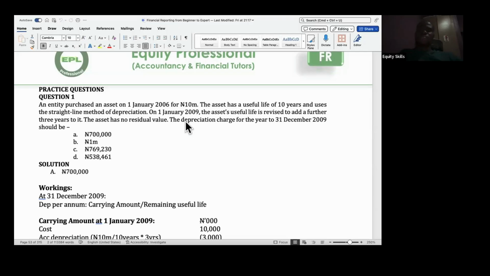But again, if there is a previous revaluation surplus on the same asset, then we're not going to take that deficit to P&L directly, but we're going to take it to OCI to net off that previous revaluation surplus. If there is any excess, that is the one we take to P&L.